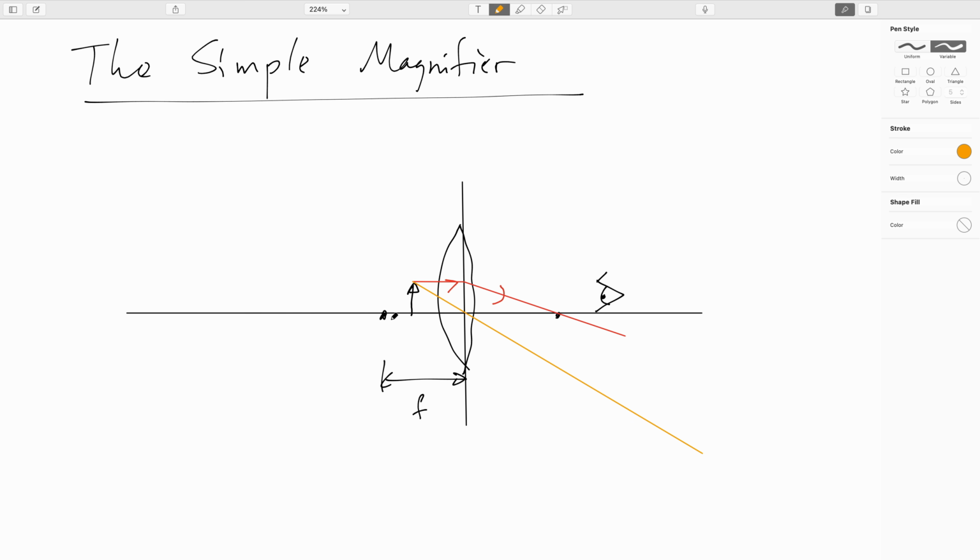Because typically you park the object just inside the focal point, I drew it a little closer just for clarity.